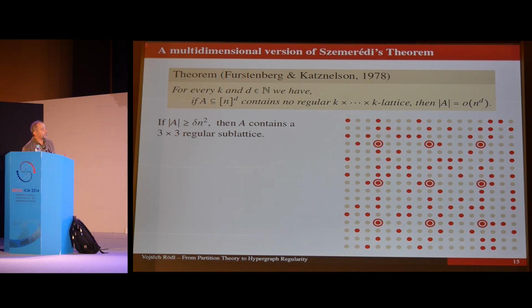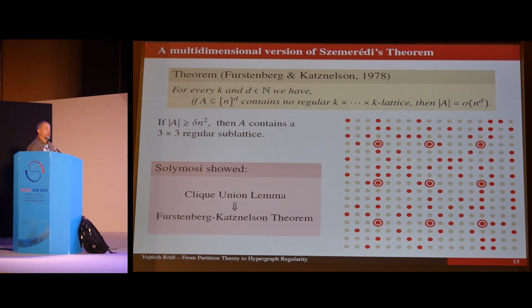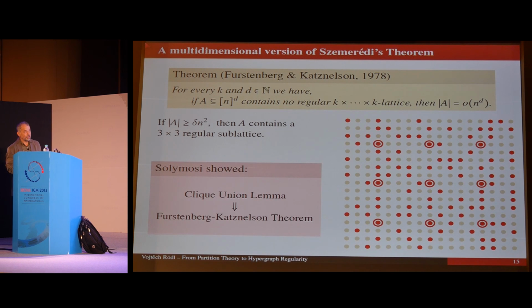Okay, so what I wanted to say is that in this case, Solymosi gave a beautiful geometric construction reducing the Fürstenberg and Katznelson theorem from the clique union lemma. So that can be derived as well.